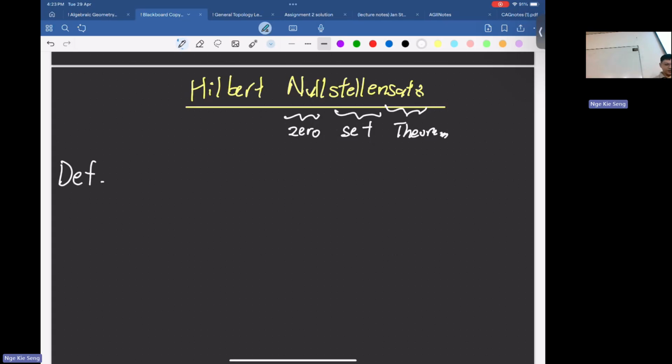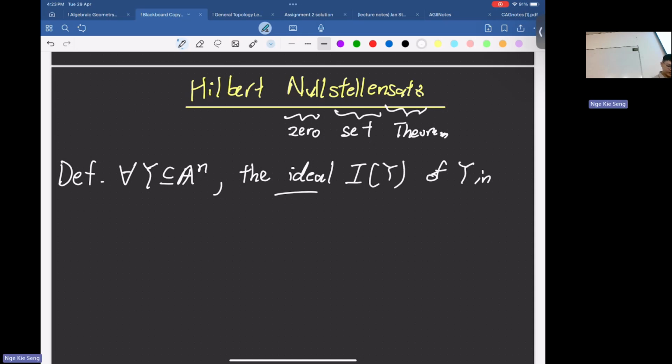Do you want to make a talk again about the Hilbert polynomials? Okay, so we're going to define, for every subset Y of A^n, the ideal, call it I(Y). It depends on this Y. This ideal will live in the polynomial ring with n variables. How do we define this?